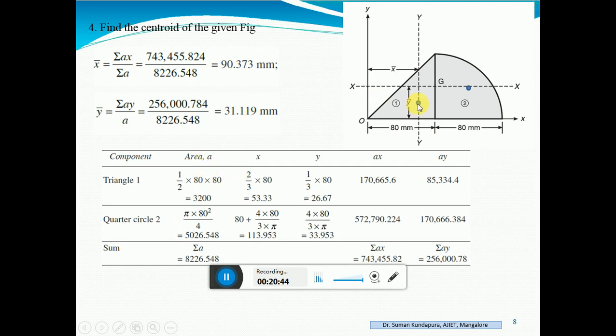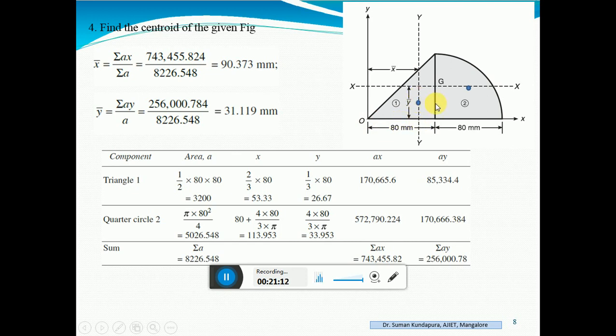For this triangle, the CG will be lying somewhere here. When we were solving the support reactions also, I have introduced where the CG of the triangle lies. It lies at a distance of 2/3 of base from the apex point. Okay, so it is at a distance of 2/3 R or 2/3 base from this point, correct?